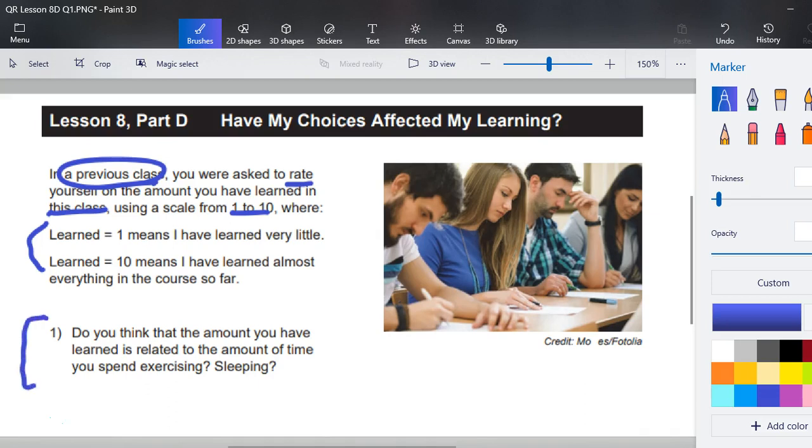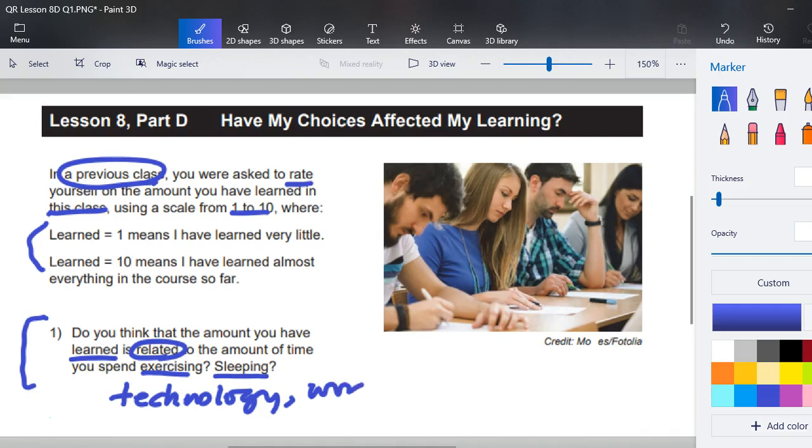Do you think the amount you have learned is related to the amount of time you spent exercising or sleeping? And this is a good time for you to stop and to think, because early, actually the first of the semester, you submitted hours that you spend on technology.